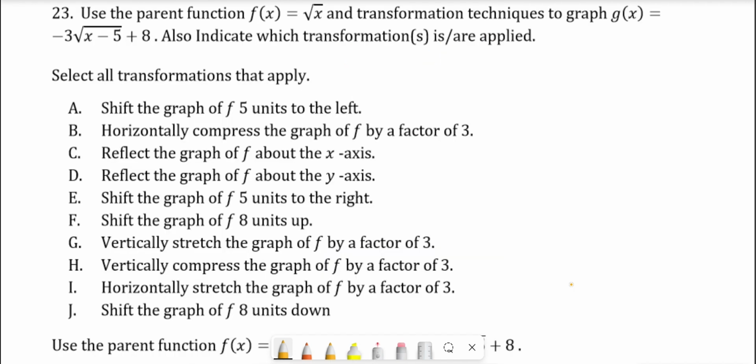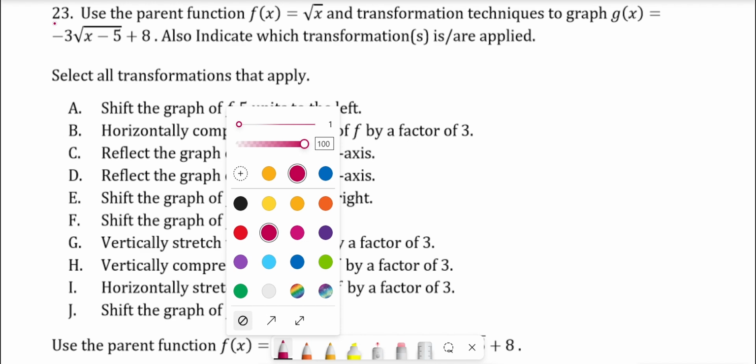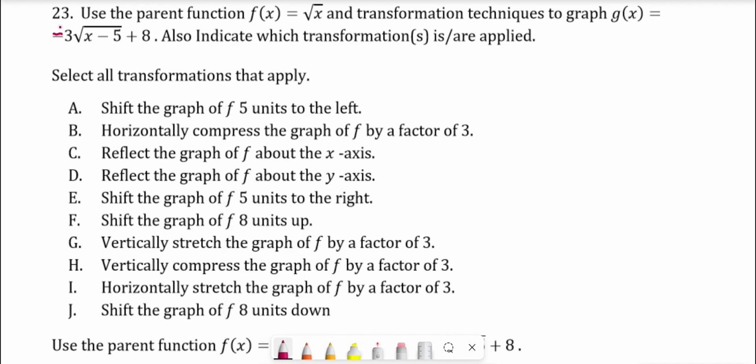Here we have 4 transformations at play. First off, we can see that there's a minus sign on the outside. That minus is going to pertain to a reflection in the vertical sense, that is to say, over the x-axis. Then they are going to multiply the function by 3. This is again going to be vertical scaling because it takes place on the outside of the function, and since it is greater than 1, we are going to consider that to be vertical stretching.